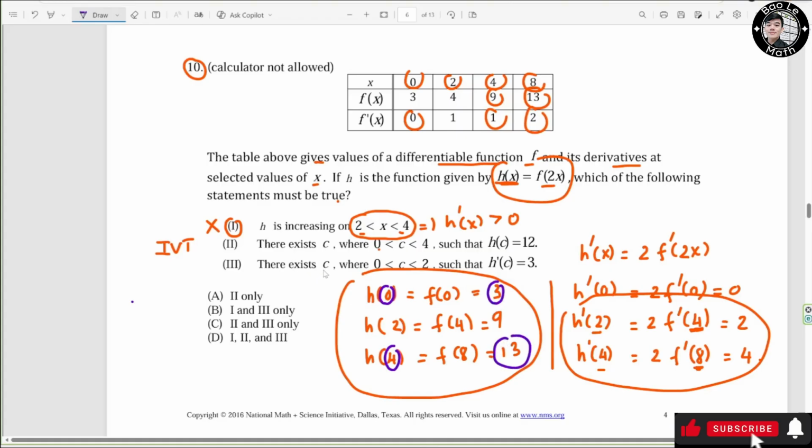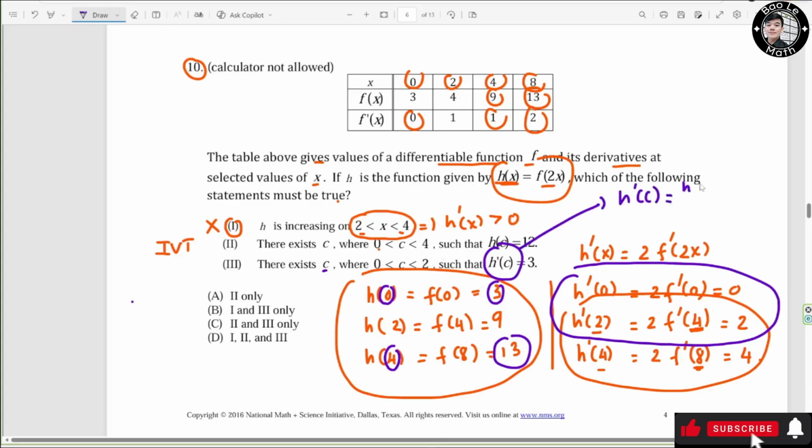There is a number c where c is between 0 and 2 such that h prime of c equals 3. So we need to calculate h prime of c. It's going to equal h of 2 subtract h of 0, over 2 subtract 0 by the mean value theorem, right?